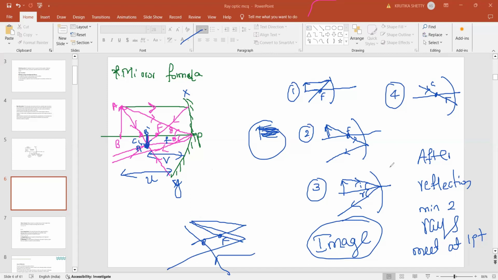Please tell me any doubt is there in the 4 rules or the image formation of the mirror formula. You want me to repeat any point or is it clear? Harshita, Charan, Baby, Srivarni. Any doubt?